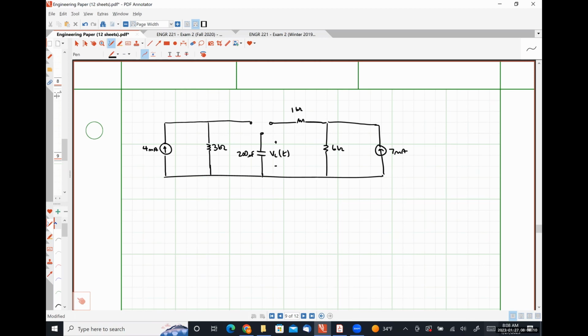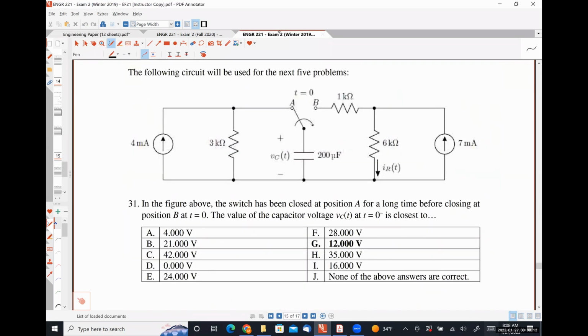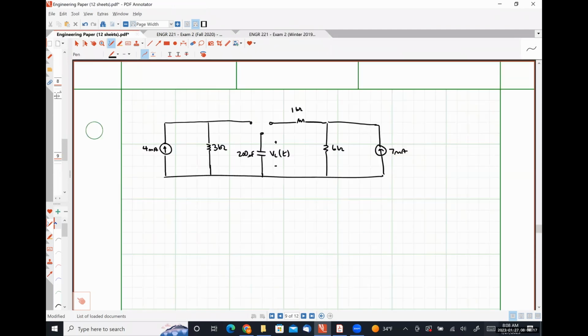And let's see how my switch is going to work. So the switch is closed at A. Here's B, it changes in this direction at t equal to 0. Okay, so this is the circuit that we are analyzing. Everything look legible to you guys?